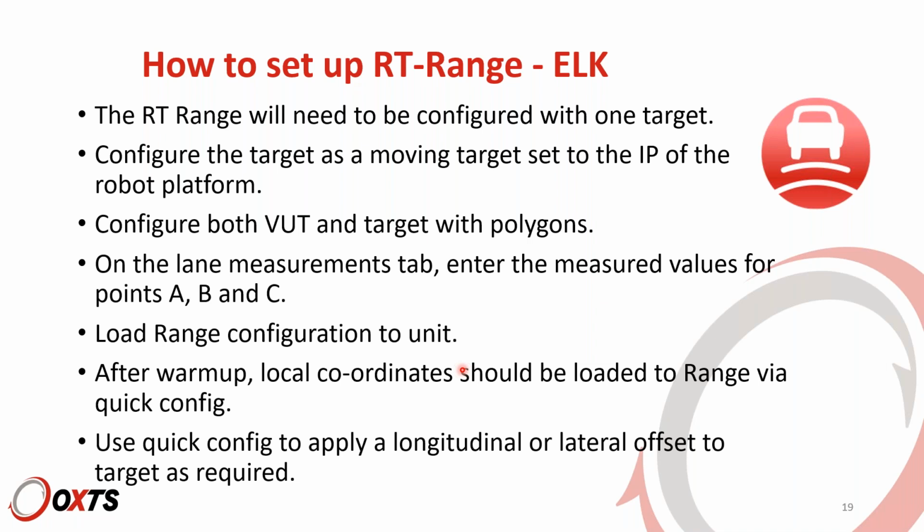And lastly, after you've done the warm-up, you'll need to configure local coordinates as well for the polygons to work correctly. Local coordinates are something that you may or may not need. If there's a requirement to have, say, a lateral path measurement, if there's a defined test path, then you will need to set local coordinates, which is essentially a local coordinate frame.